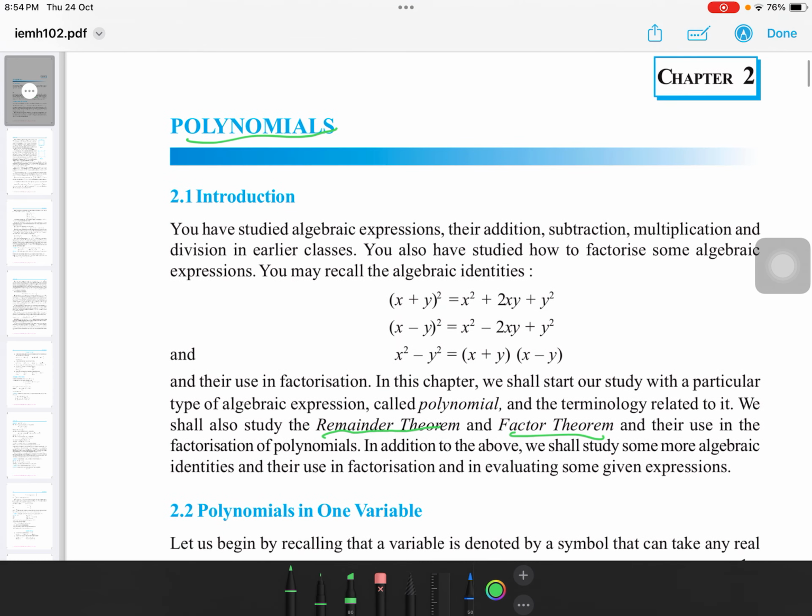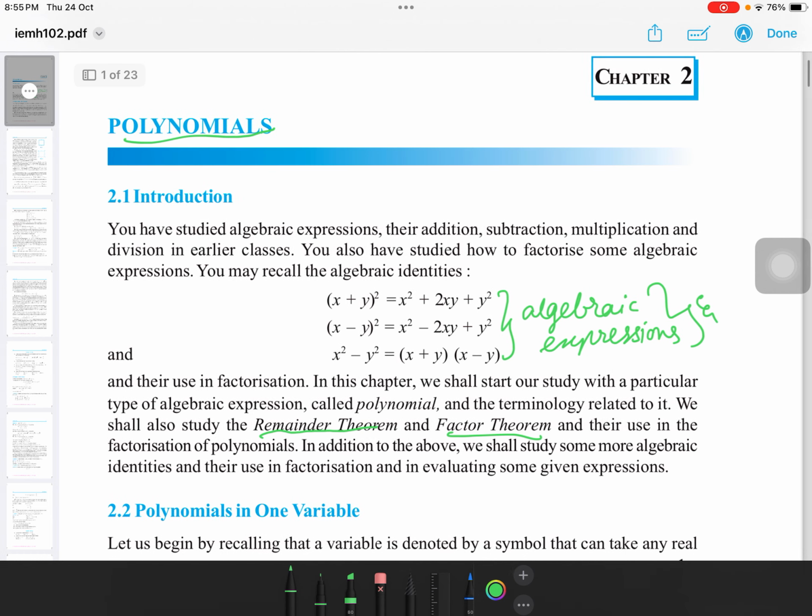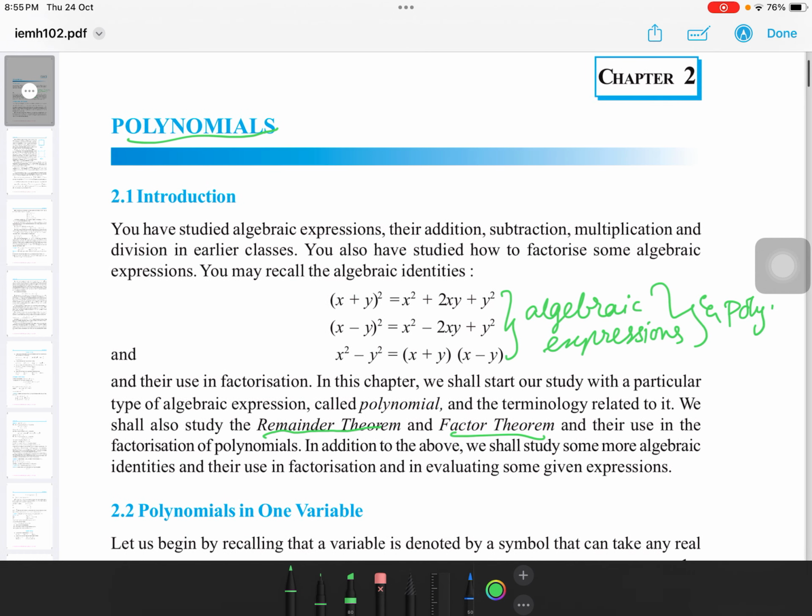Okay, so here these are all algebraic expressions, and they are also polynomials. Now you're going to see what is the difference between an algebraic expression and a polynomial.